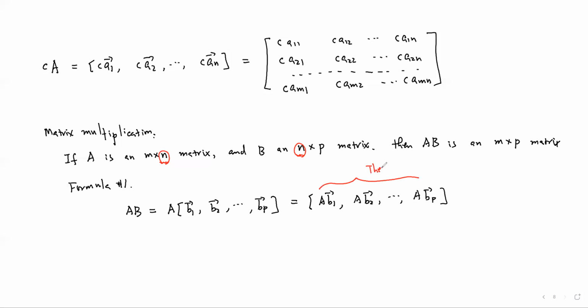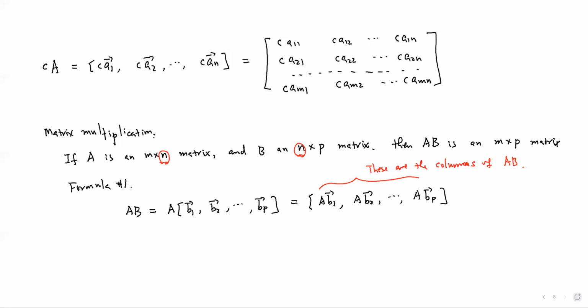These are the columns of A times B. Formula 1: A times B is defined to be A times each column of matrix B. Now, the second formula is called the row-column formula.